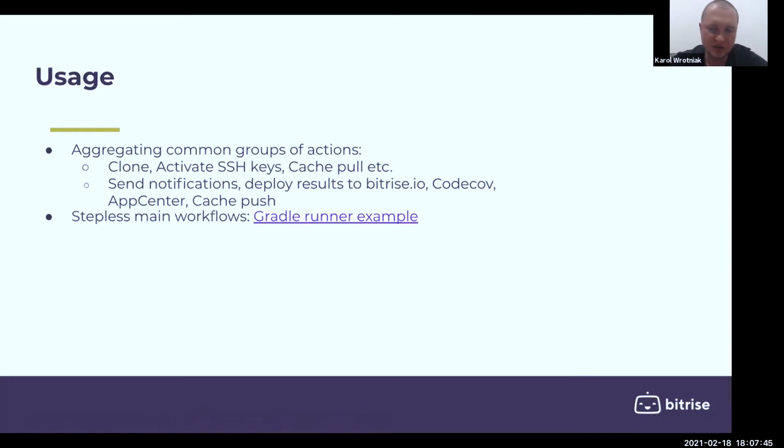This group is executed before the actual build, before the main steps, and they can also be used at the end, for example, for sending notifications to Slack, Teams, email. They can deploy results to Bitrise.io and other services like App Center or Play Store, and also can be used for cache pushing. An interesting example is in the Gradle Runner official step.